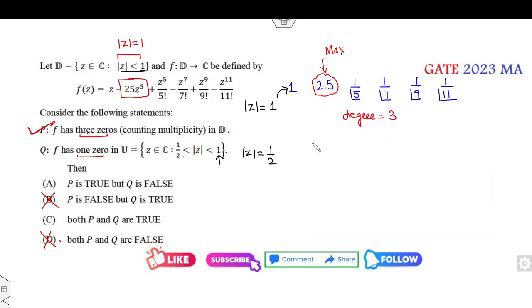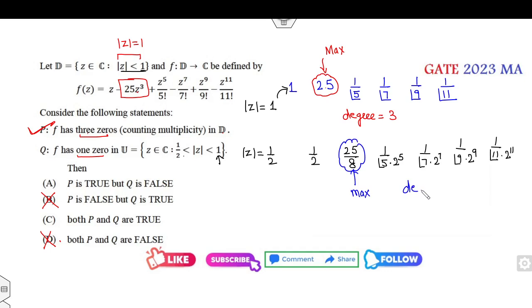Now on Z is equal to half, the first value will be half, second value will be 25 over 8, next value will be 1 over 5 factorial into 2 raised to power 5, 1 over 7 factorial into 2 raised to power 7, 1 over 9 factorial into 2 raised to power 9, 1 over 11 factorial into 2 raised to power 11. Again clearly the maximum value is this number, and the sum of the remaining terms is less than 25 by 8.